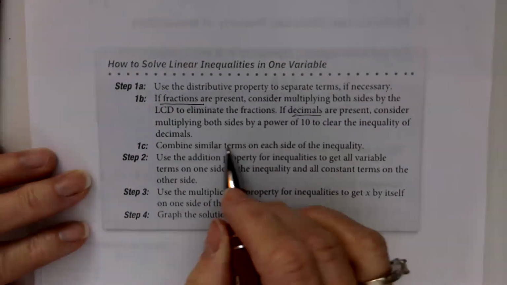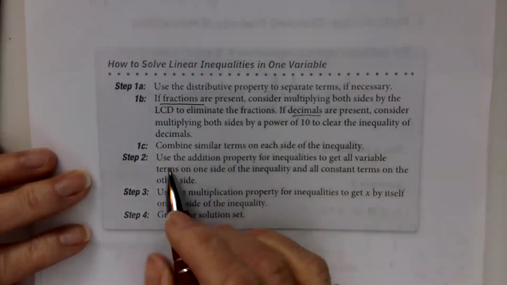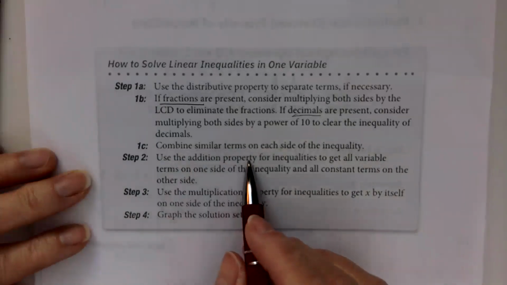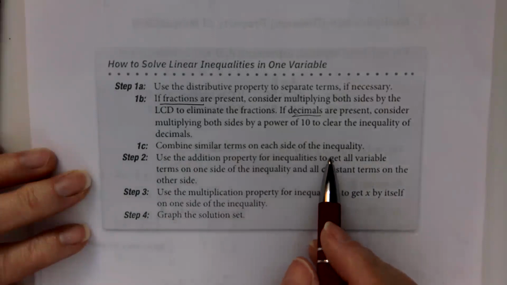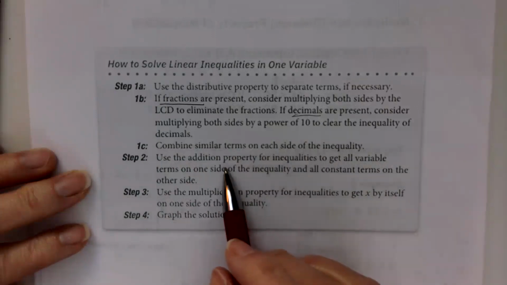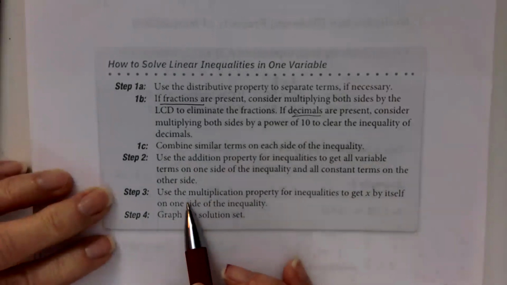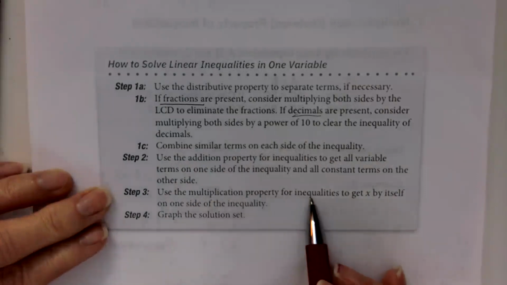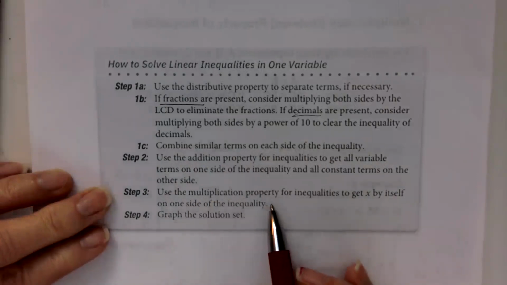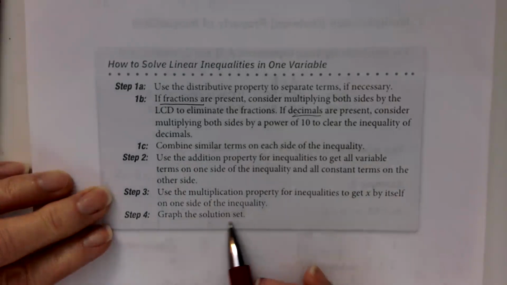Then we're going to combine like terms on each side. Then we're going to use our addition property to move the constants to one side and the variables to the other. Then we're going to use the multiplication property to solve for the variable. And then we're going to graph that solution set.